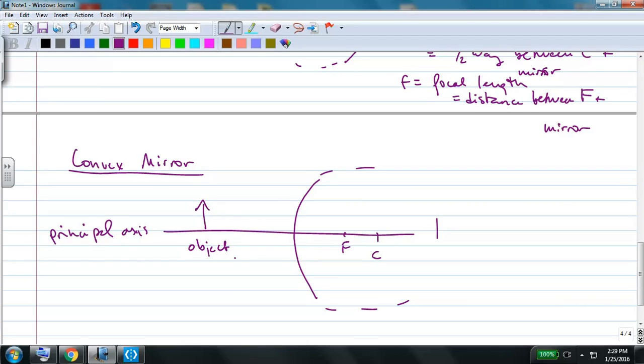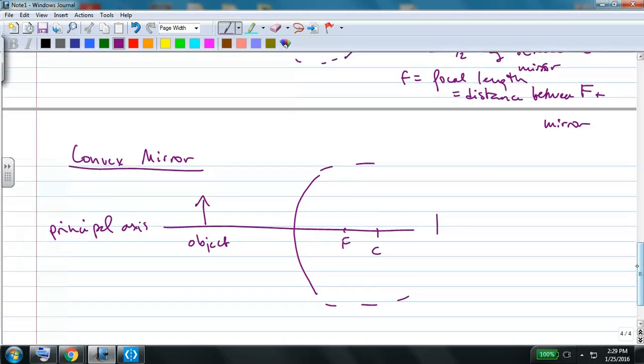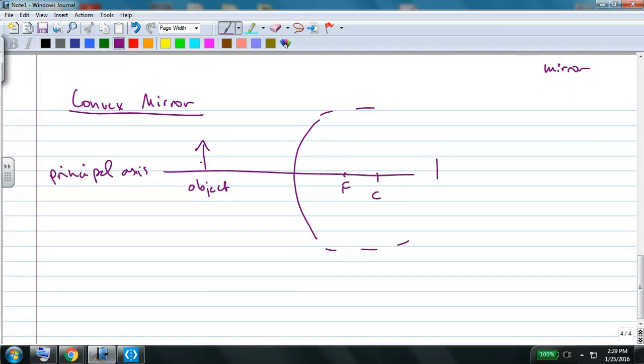When you'll be using these mirrors, I'm going to be giving you some ray diagrams, and we won't be drawing a circle, but it's just to give you a sense right now that this mirror is a piece of something. It is a piece of a circle or a sphere, if you like. Okay, so the convex mirror, the difference is that the object is facing the mirror like this. Obviously, hopefully you know that's the mirror. And the F and the C are still inside the mirror.